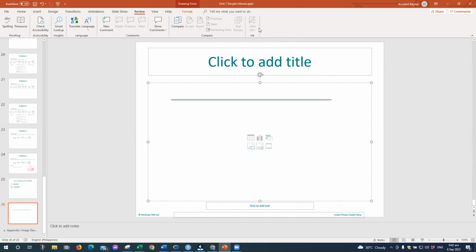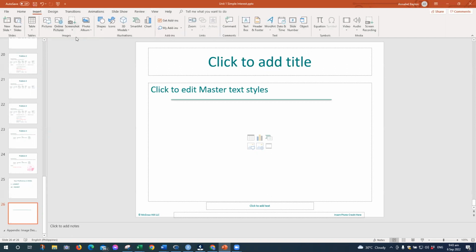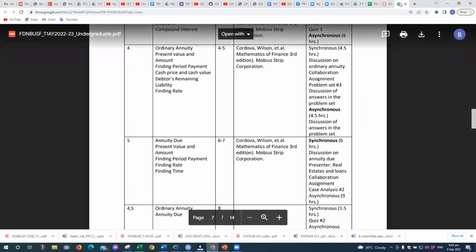Oh, it's hidden. Does that mean that it's not available? Okay, it looks like the ink function of PowerPoint 365 is not available. Anyway, just imagine, I'll set my digital pen next meeting. Okay, I think I'd better just show this on the internet.